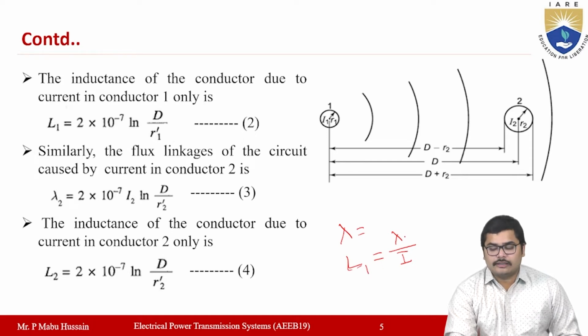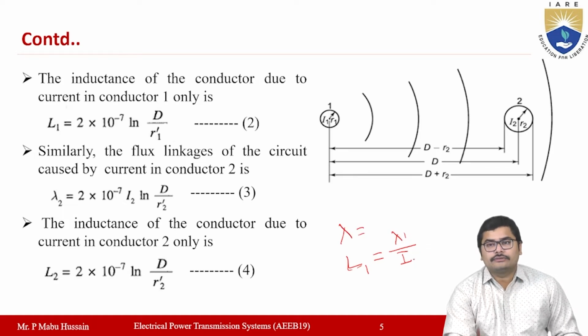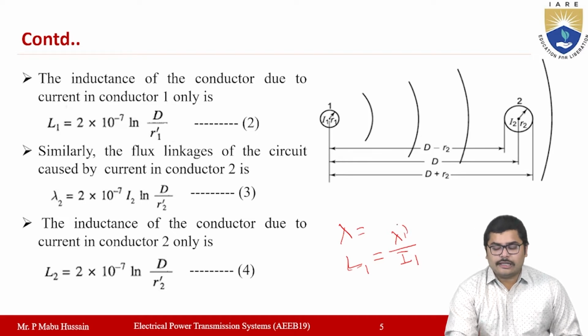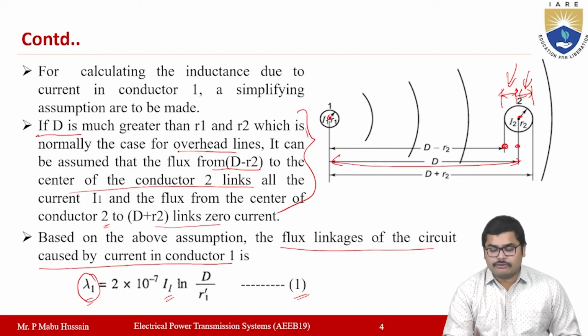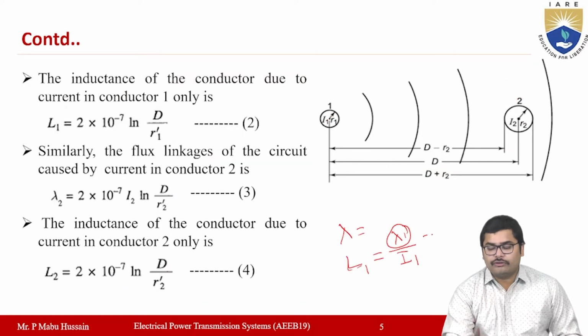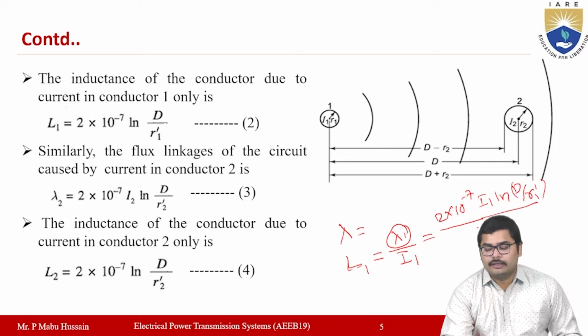The flux linkages caused by current flowing in conductor 1, lambda 1, from the previous equation is 2 into 10 power minus 7 I1 ln D by R1 dash, divided by I1.